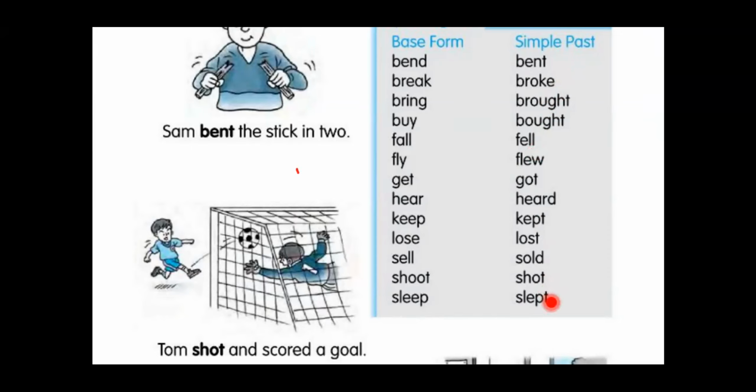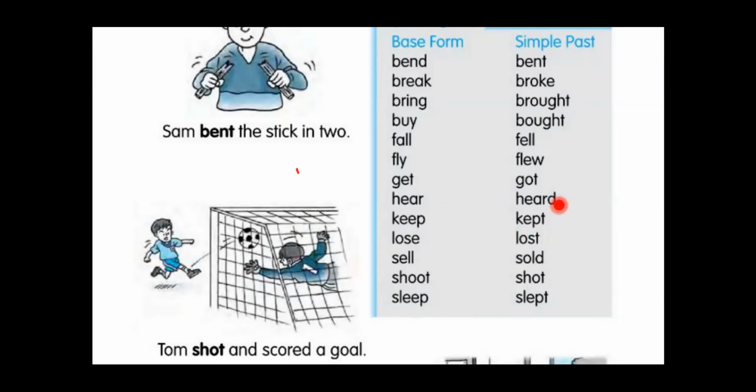Sleep will become slept. Shoot will become shot. Sell will become sold. Lose will become lost. Keep will become kept.